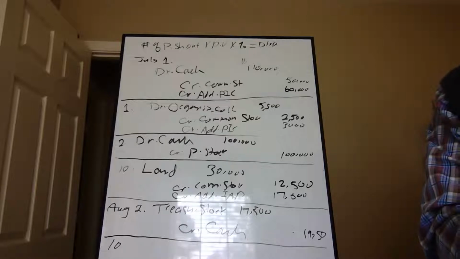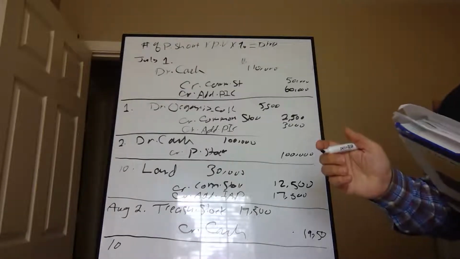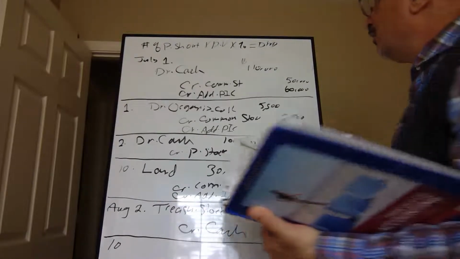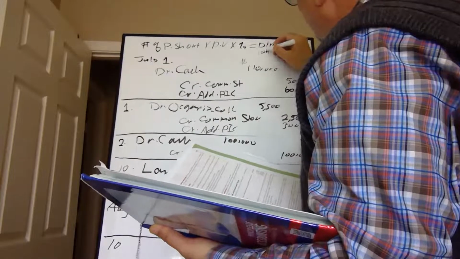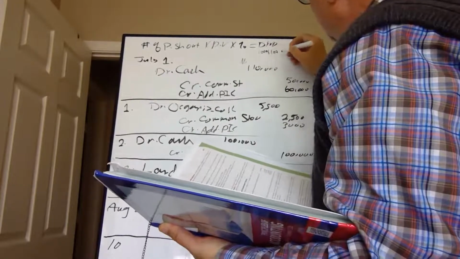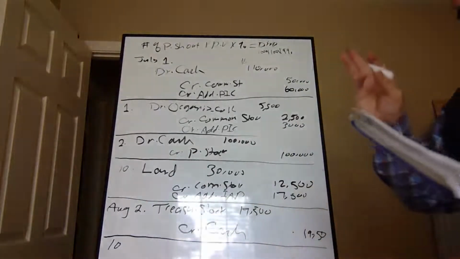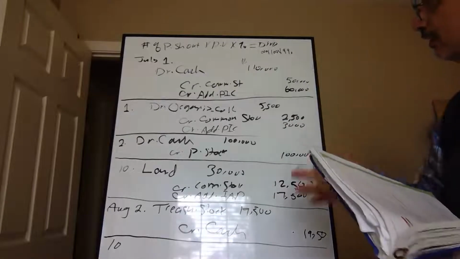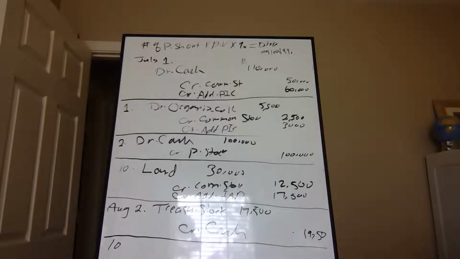We have only 1,000 shares, times the par value 100, times the percentage given, 9%. 1,000 shares times 100 times 9%. How much is that?